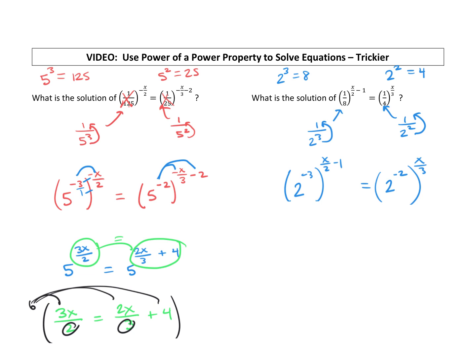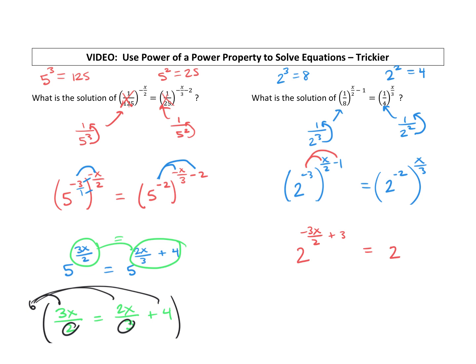When you have your power to a power, we multiply exponents. So this negative 3 is going to multiply to both terms of that exponent. You keep your base, 2. Negative 3 times x over 2 is a negative 3x over 2. And then negative 3 times negative 1 is a positive 3.